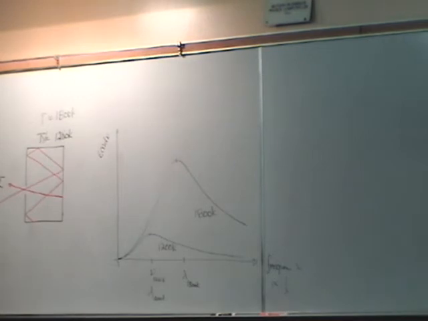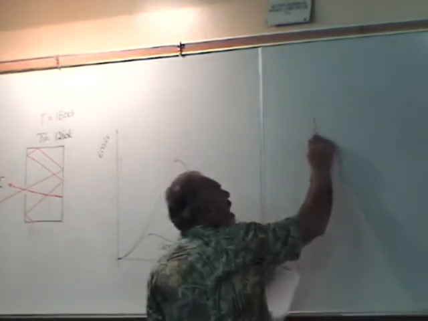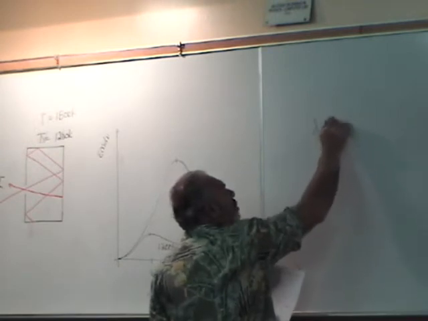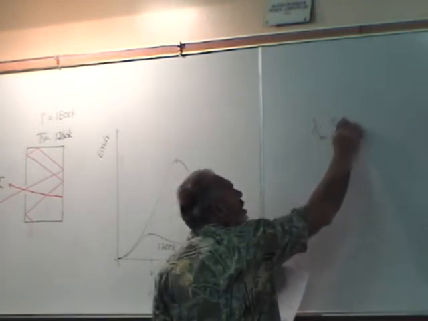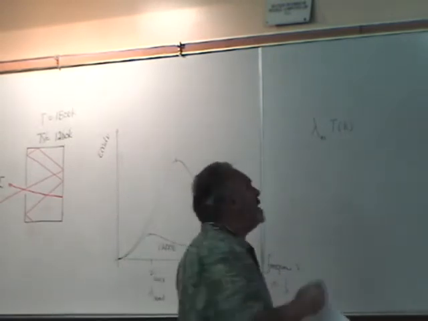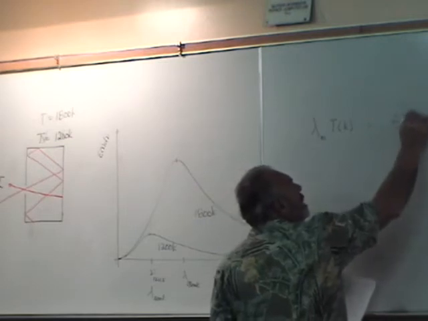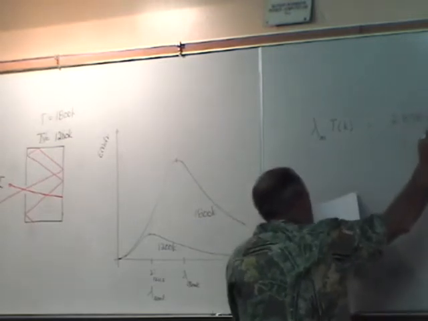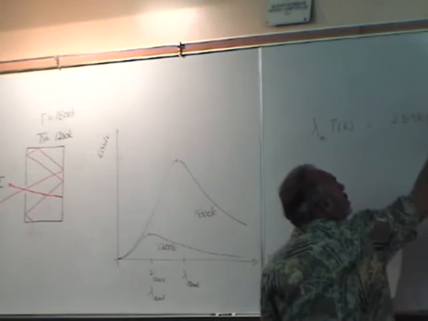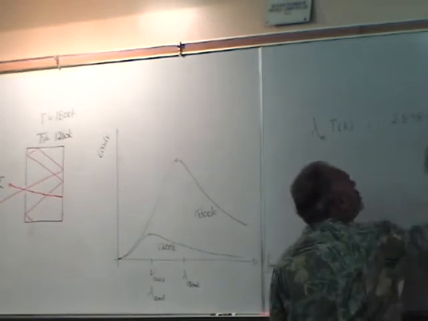And he simply wrote down the equation. It looks like this. Lambda max times the temperature, of course in kelvins, you must measure it in kelvins, is 2.898 times 10 to the minus 3, and that's in meters times kelvins.